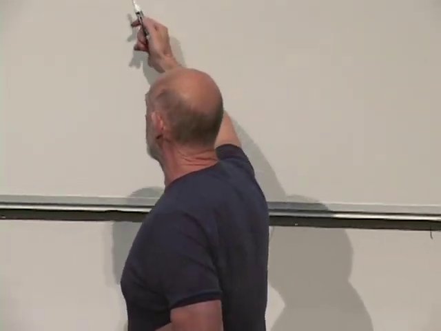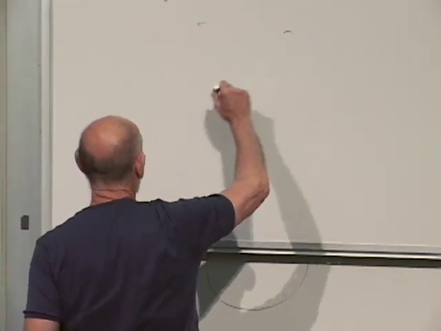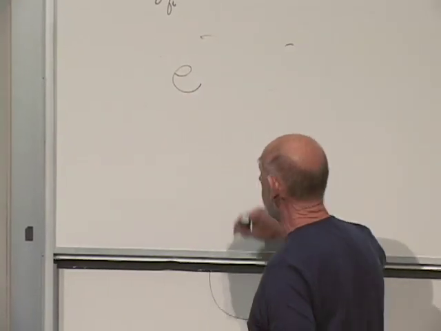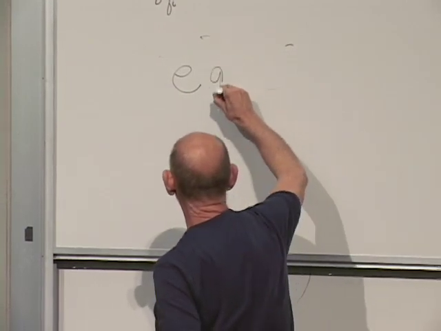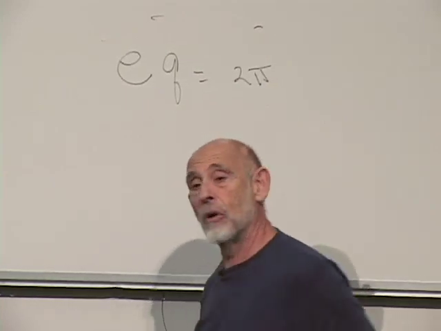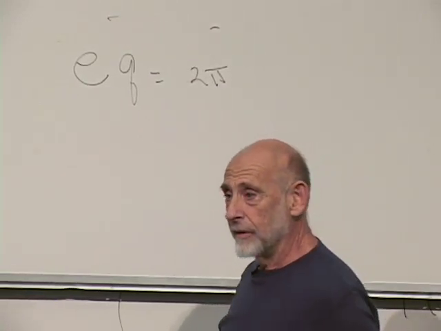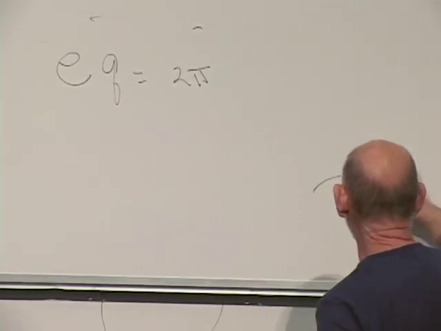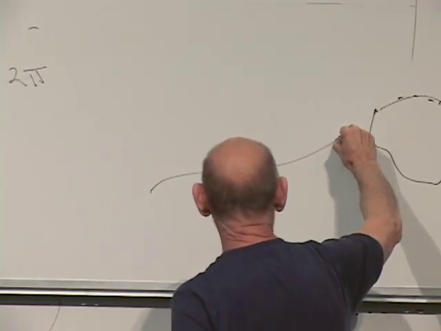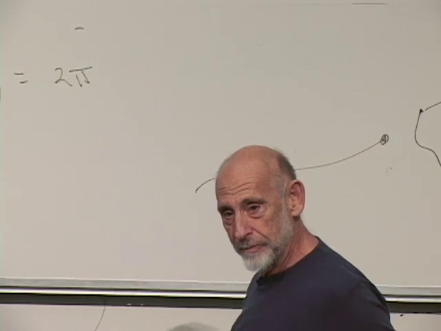Now, let me remind you, from what I told you before, the electric charge times the monopole charge has to equal 2 pi in order for what? In order for the Dirac string, which is the solenoid connected to the monopole, to be invisible.